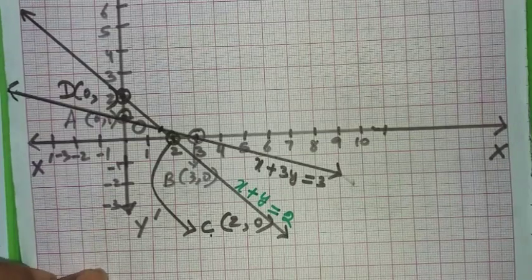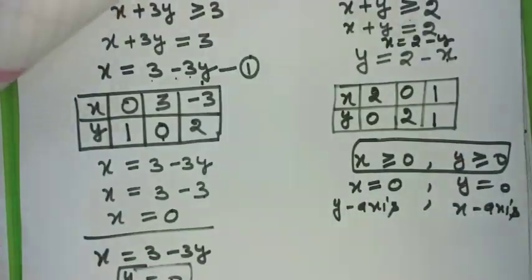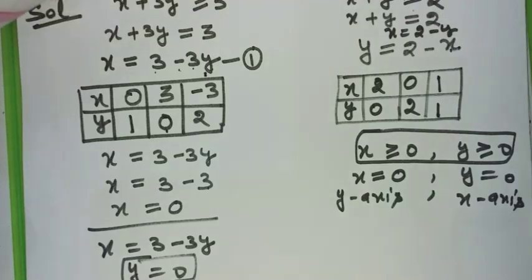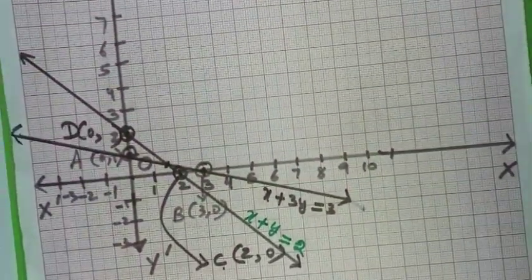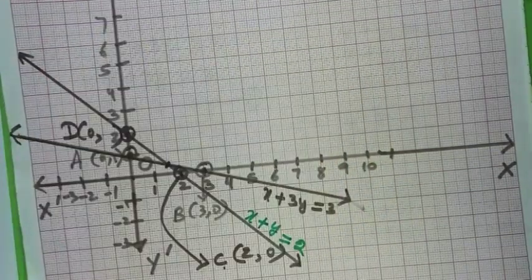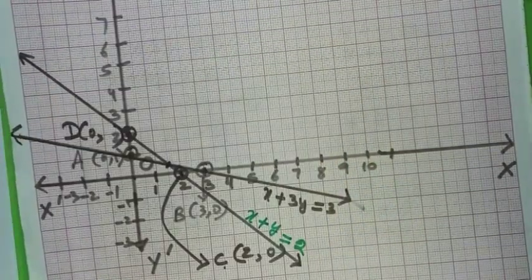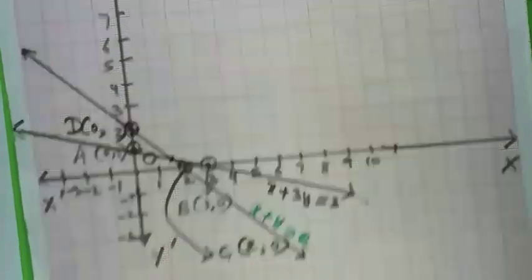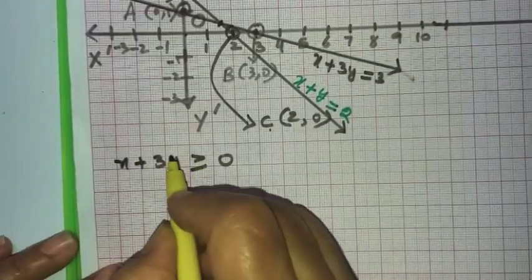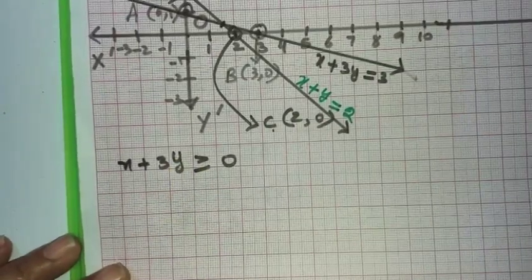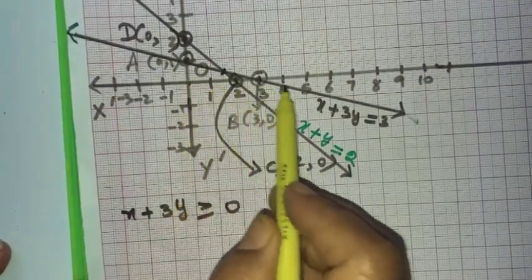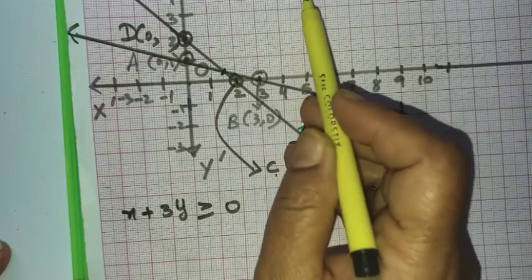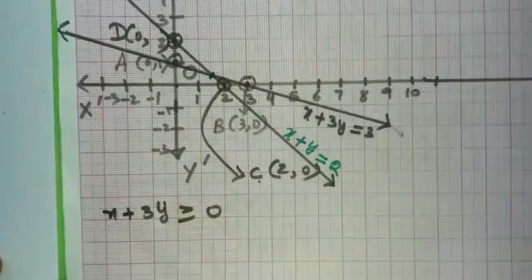So first line, I see that first line is x plus 3y greater than or equal to 3. So how to find out which region will be shaded by this line? This is the line you can see. So you need to know whether the region above this will be shaded or the region below this will be shaded.